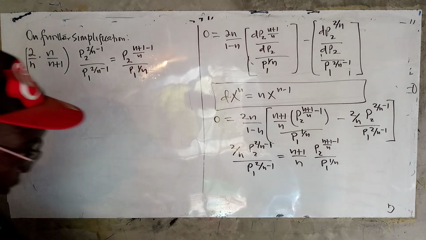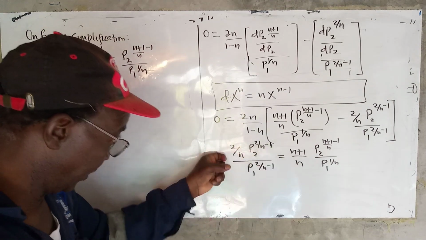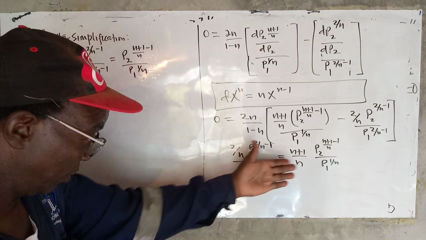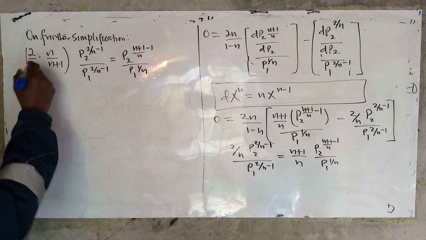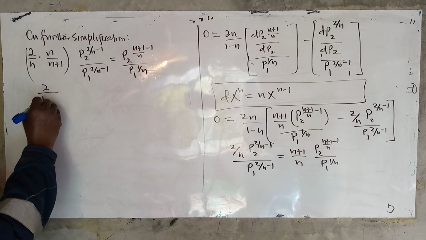So remember, we have just cross multiplied n over n plus 1. Move that, will be 1, because we get the quantity which you get there. That will be 2 over n plus 1.